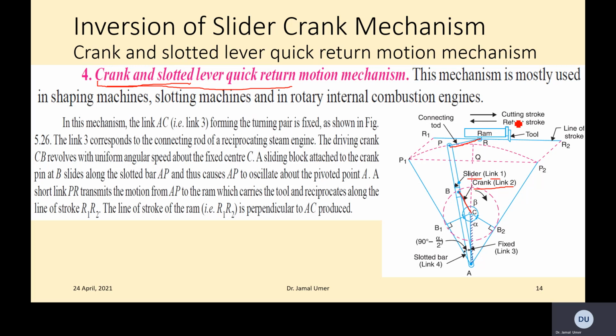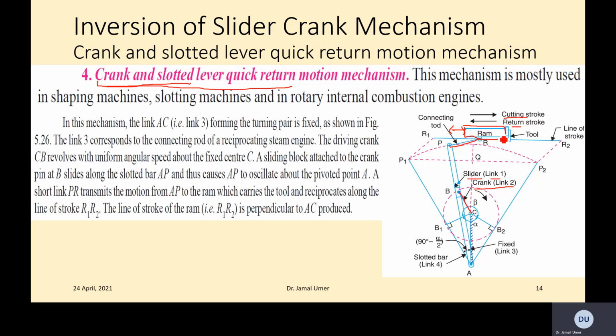This ramming process is like one of the cutting strokes, with a return stroke. So this is the line of the stroke. Because this is the category we are in of the slider crank mechanism, this slider moves to and fro. Such mechanisms are quite widely used for cutting.